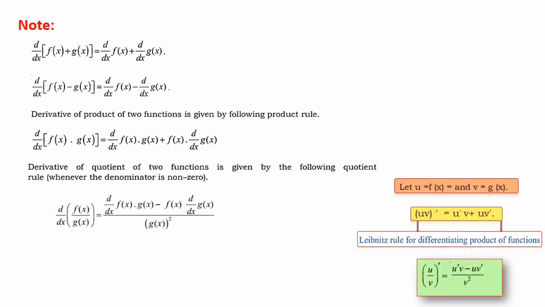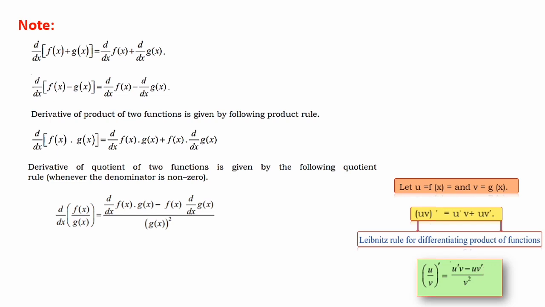Then the quotient rule will be changed as u by v the whole dash, means the derivative of u by v is equal to denominator square, that is v square, into u dash v, that means the derivative of the first one, that is the numerator, into the denominator minus here u into v dash. U into v dash means the numerator into the derivative of the second one, means the denominator.